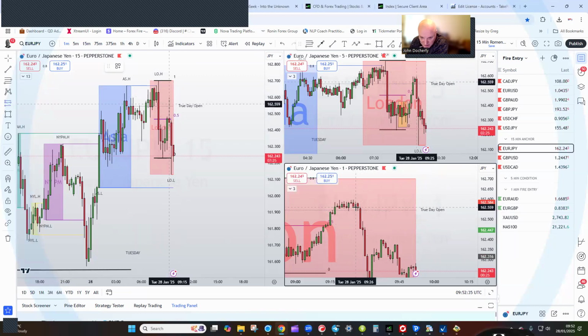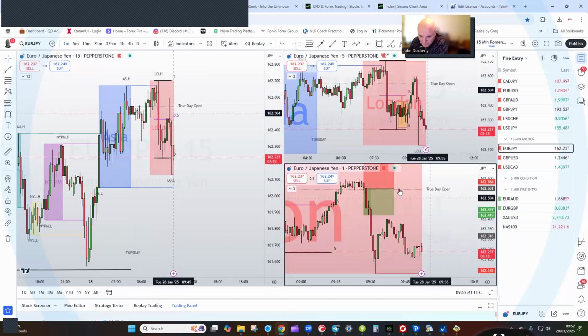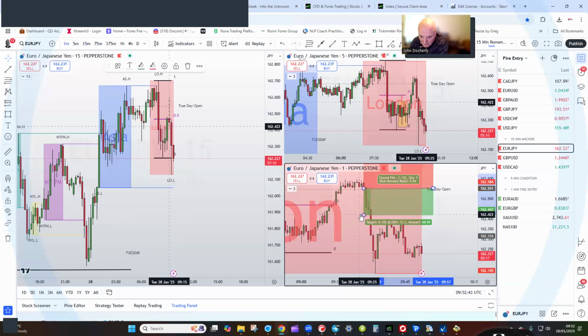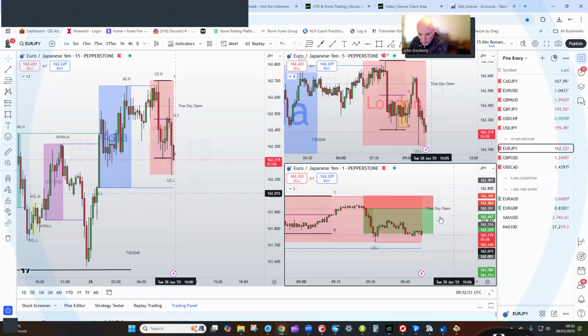So there's the bullish. There's the bearish engulfing. You would have been looking for a 1 to 2. That one would have been a winner this morning.